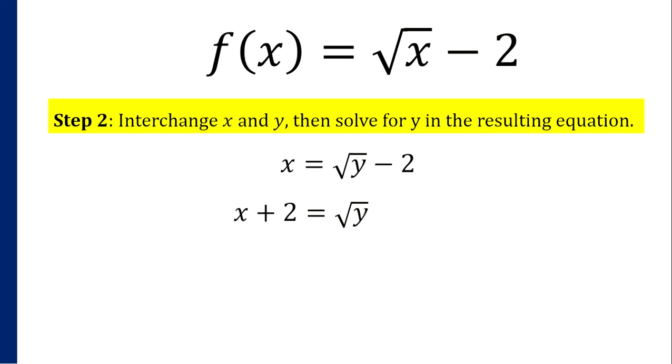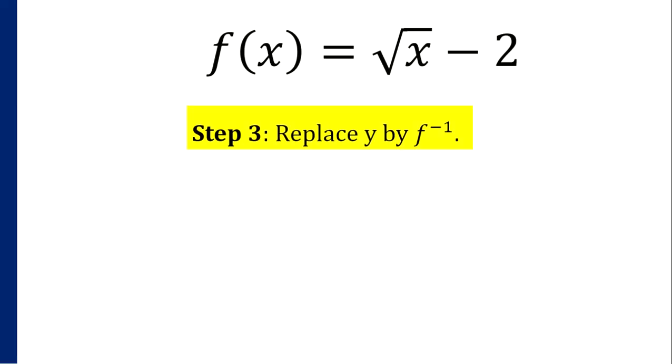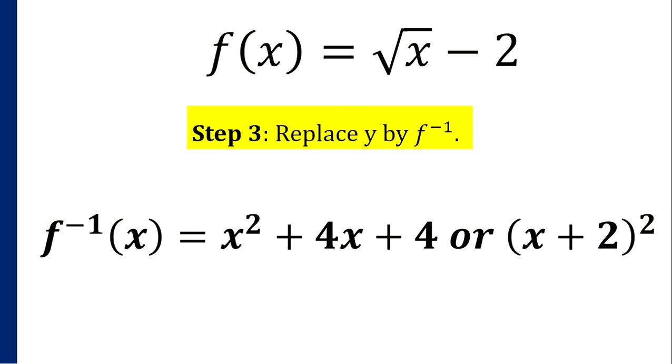And that is y is equal to quantity x plus 2 squared, or x squared plus 4x plus 4. Let's replace y by f inverse. So therefore, the inverse of the function square root of x minus 2 is x squared plus 4x plus 4, or quantity x plus 2 squared.